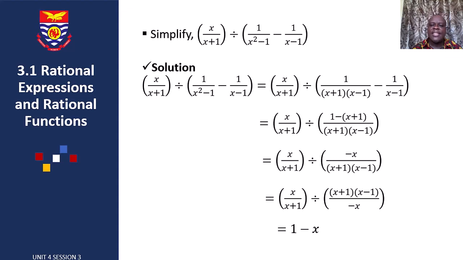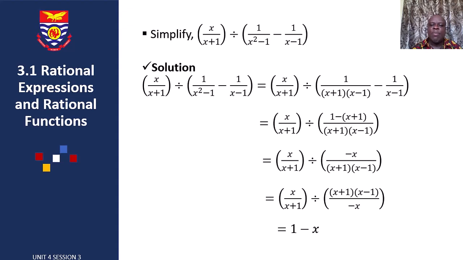We still maintain the first rational expression divided by. Then when we simplify the one at the right, we will get negative x over (x plus 1) in one bracket, (x minus 1) in the other bracket.